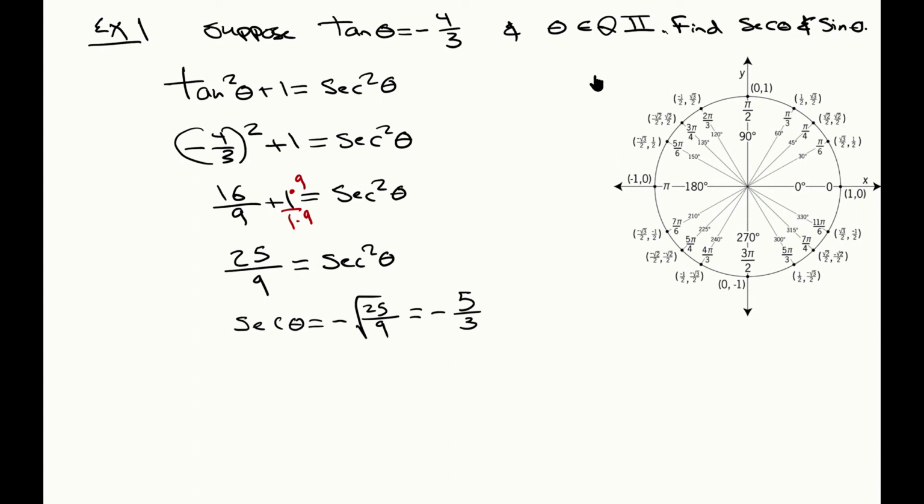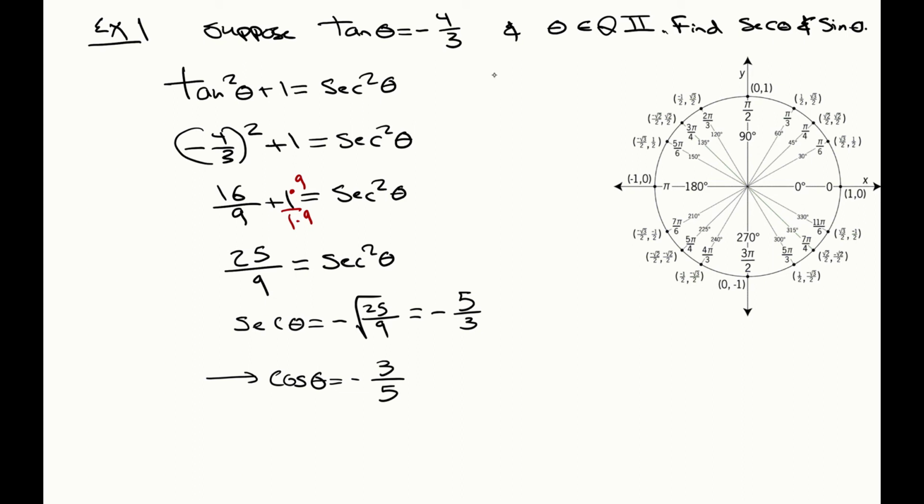There are different ways to get it, but one thing we notice is that if we know the secant, we also know the cosine, which is going to be the reciprocal of the secant. So it's going to be -3/5. And now that we have the cosine and the tangent, we can of course get the sine value.